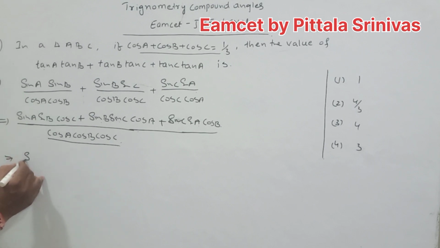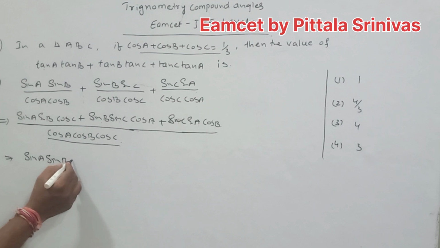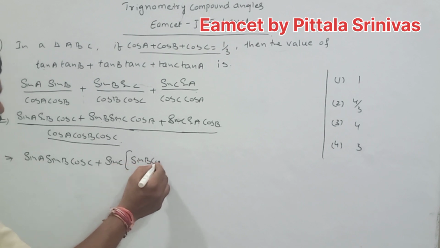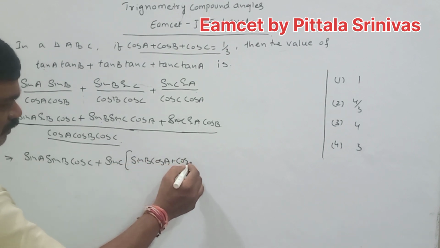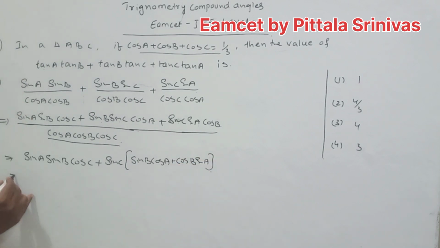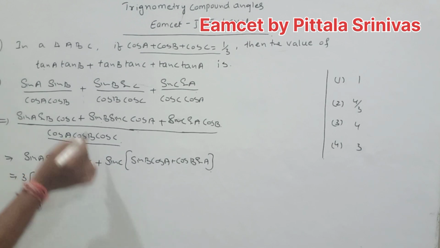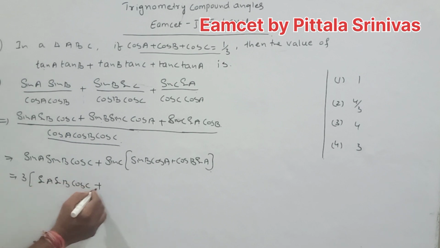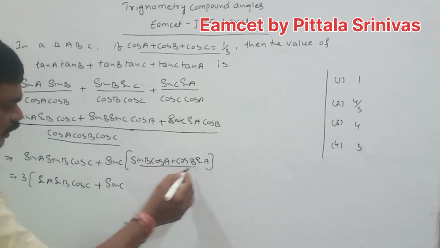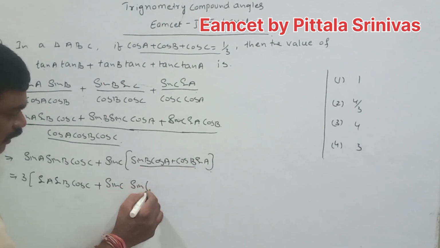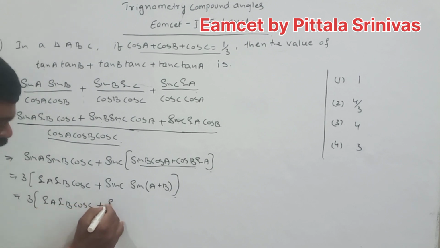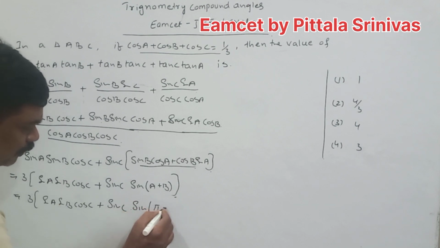So here this is sin A sin B cos C plus sin C of sin B cos A plus cos B sin A. So 3 of, 1 by 3 becomes numerator, 3 of sin A sin B cos C plus sin C, this can be written as sin of A plus B. So here 3 of sin A sin B cos C plus sin C sin of pi minus C.